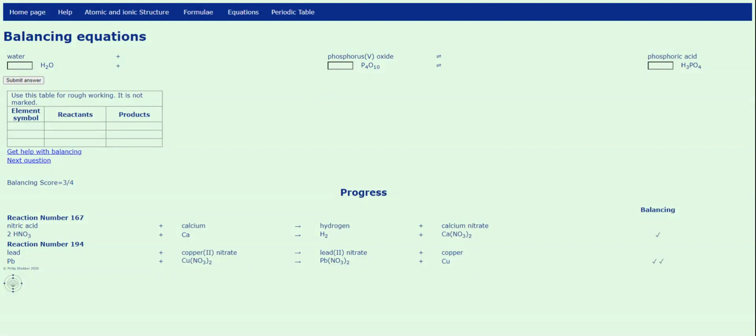So I would normally write here 6H2O, have one of those, and have 4H3PO4. I'm going to change that a little bit. I'm going to quarter everything.